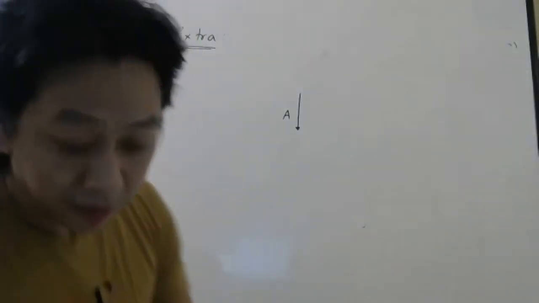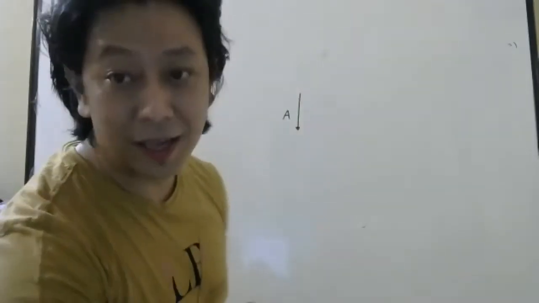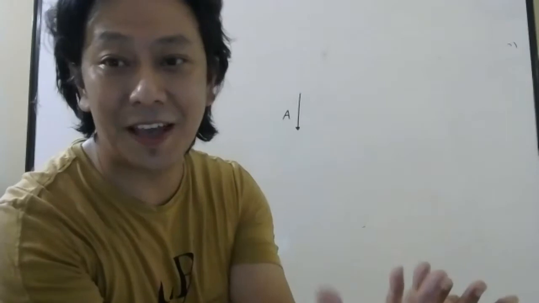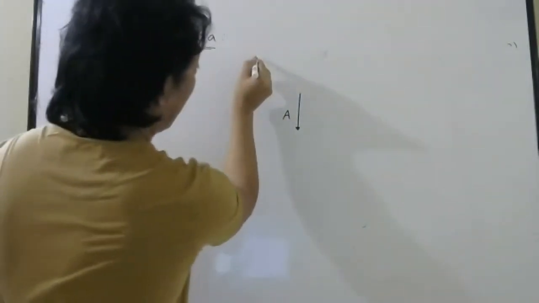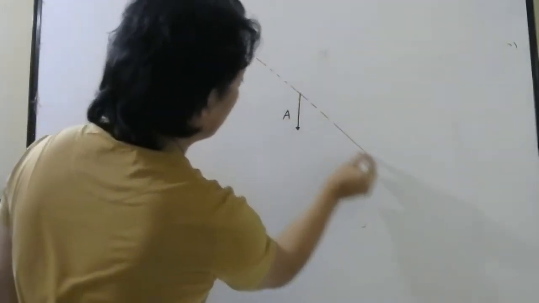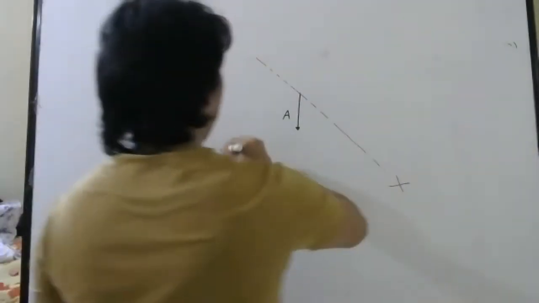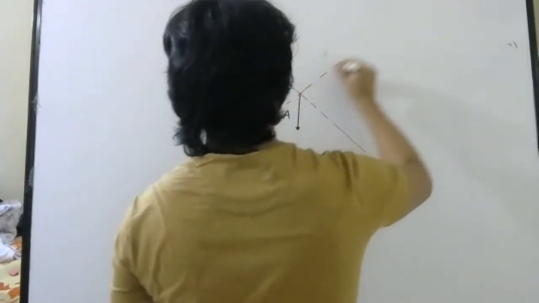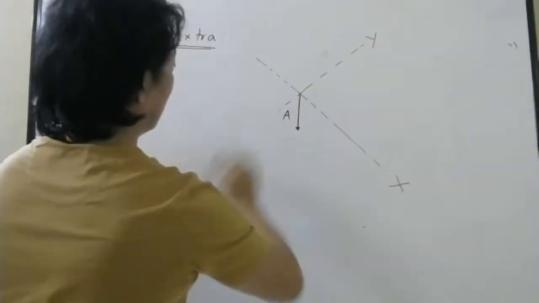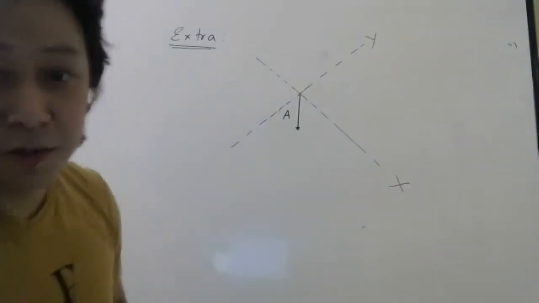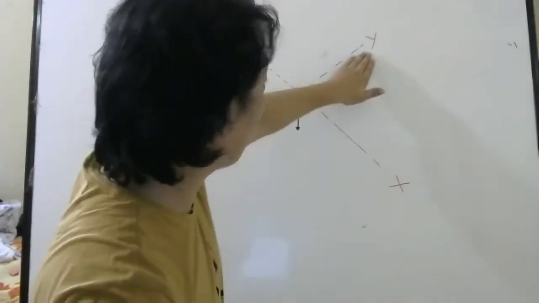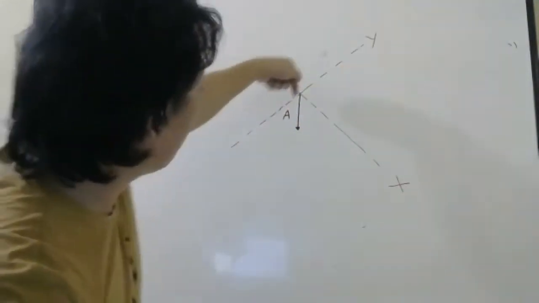Now, this vector will have no component along the x-axis. But who told you the x-axis should be only here? So let us change our x-axis and y-axis. Let us put the x-axis here. Then where should my y-axis be? Perpendicular to the x-axis. So now my x-axis is here, y-axis is here. This is a vector A bar.